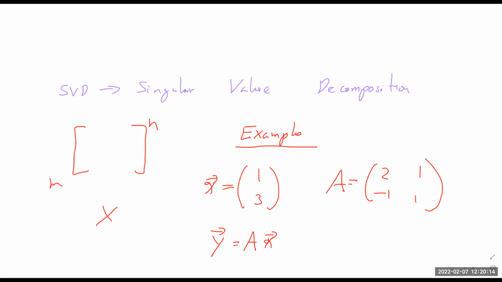So for instance, if we think about the operation now, it's going to be y equals A x. We can write it as the matrix 2, minus 1, 1, 1, and then the vector 1, 3. This is just how linear algebra works.